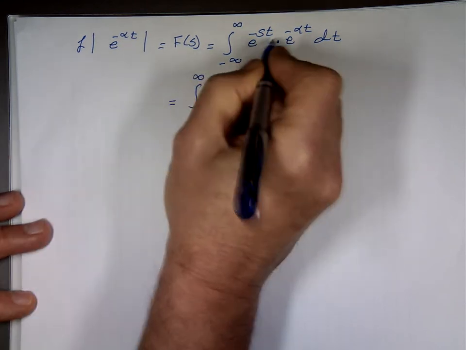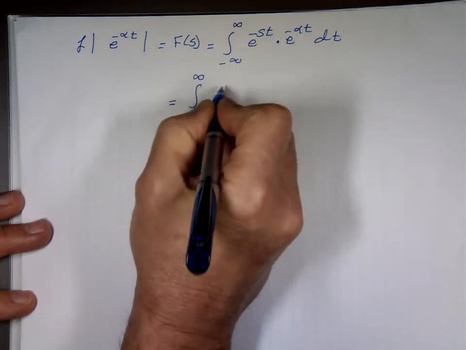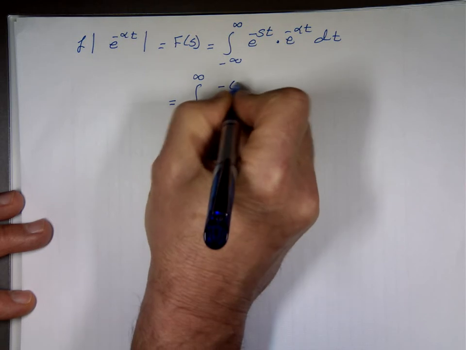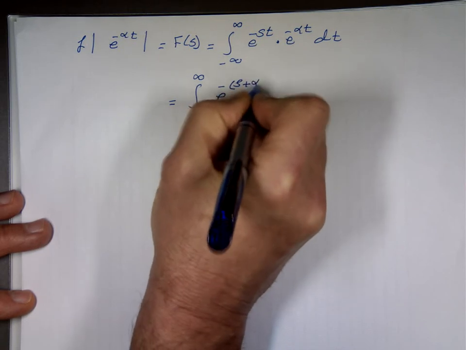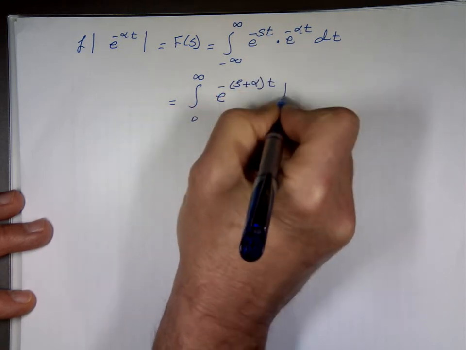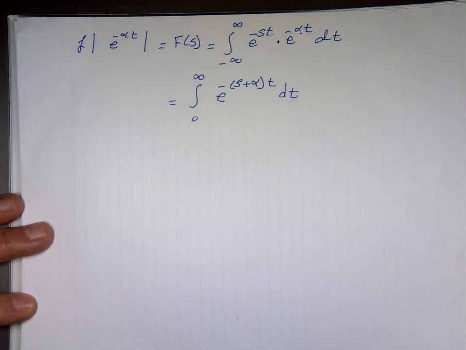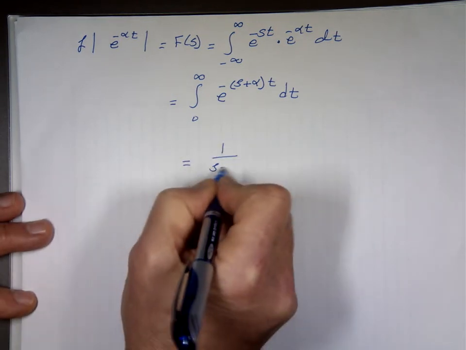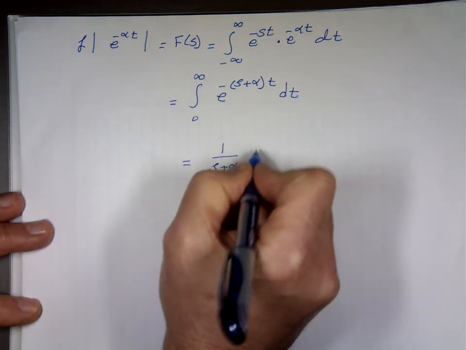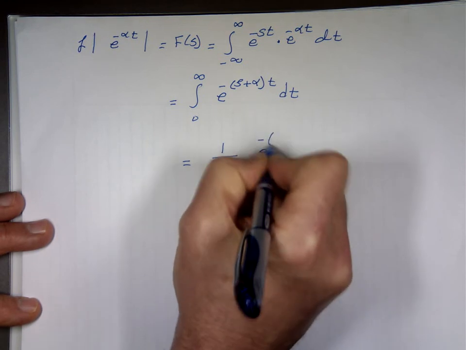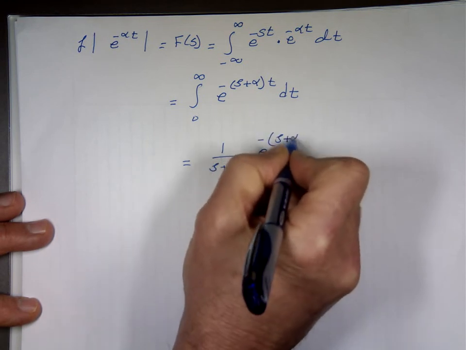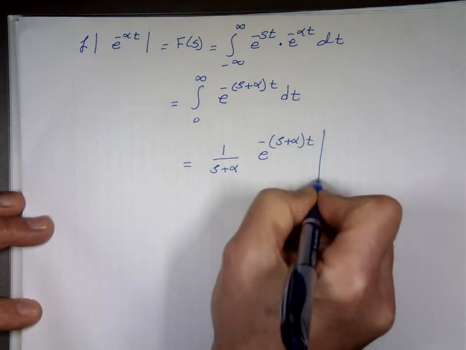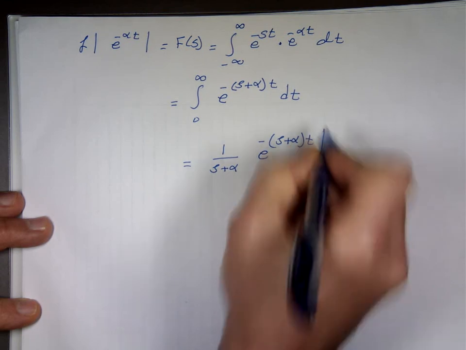When you multiply, you add your exponents. I can factor the minus sign out: s plus alpha, t dt, and the integral of that is 1 over s plus alpha times e to the negative s plus alpha t as t goes from 0 to infinity.